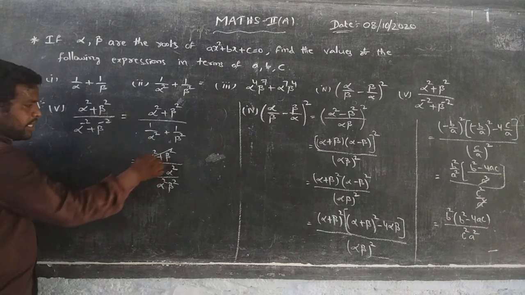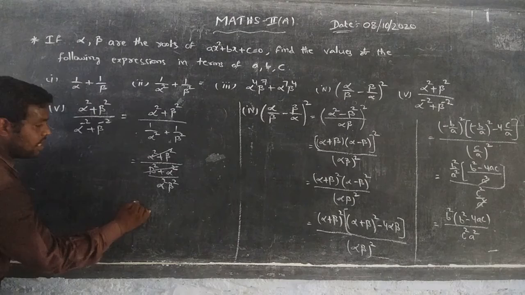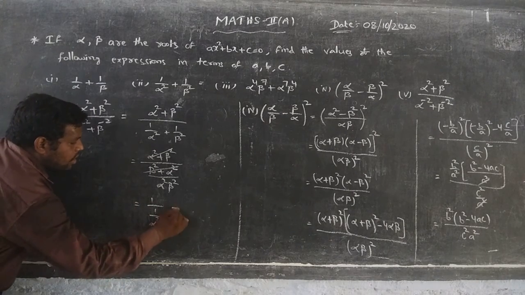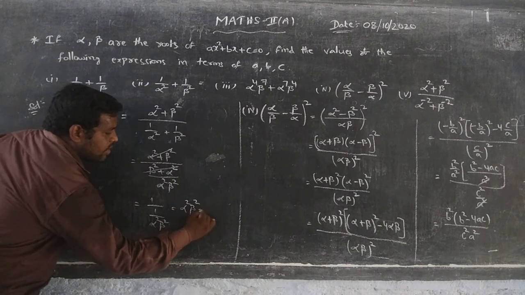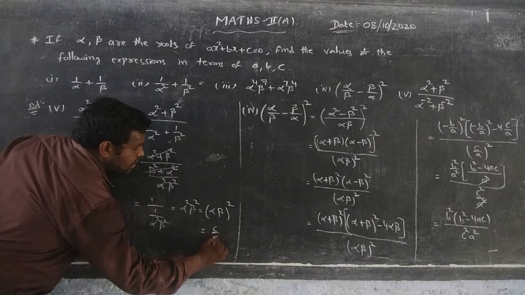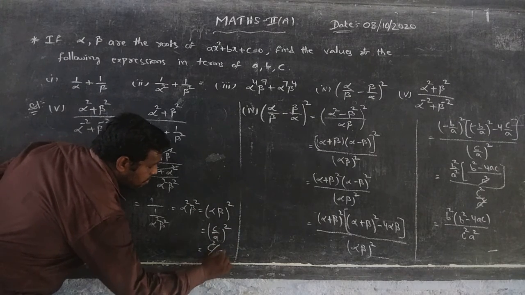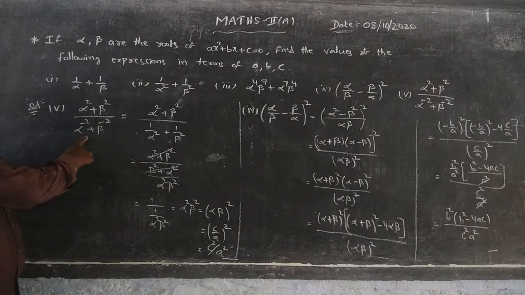So the numerator and denominator both are equal terms, so both get cancelled. 1 by alpha square beta square, 1 by means alpha square beta square. That equals alpha beta whole square, so c by a whole square. That equals c square by a square, the value of alpha square plus beta square by alpha power minus 2 plus beta power minus 2.